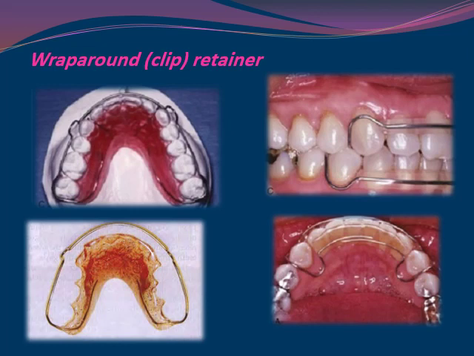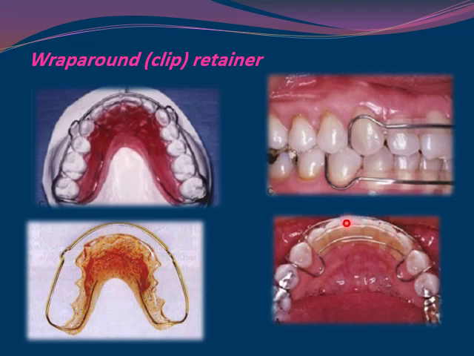There is a modification of the wrap-around retainer that is called the clip retainer. Clip retainer is the same as the wrap-around retainer, but it includes just the anterior segment of teeth, incisors and canines, whether the upper anterior segment or lower anterior segment.